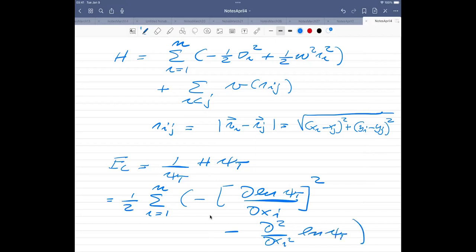So this is a kinetic energy term, and that's the one which causes problems for us.